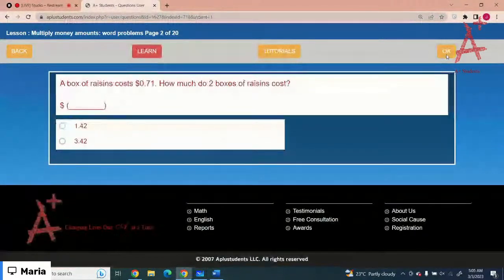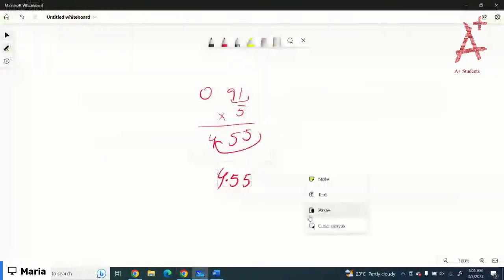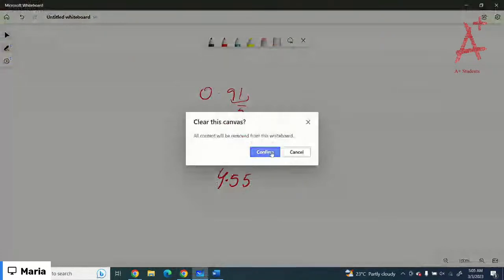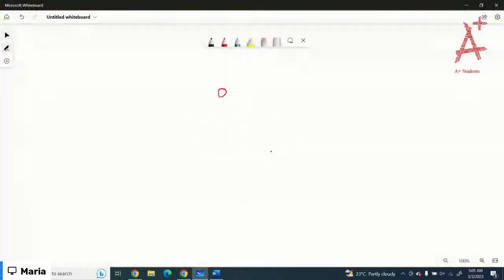A box of raisins costs $0.71. How much do two boxes of raisins cost? You have to calculate the cost of two boxes. So you need to do 2 times 0.71. Got it? 2 times 1 is 2 and 2 times 7 is 14.